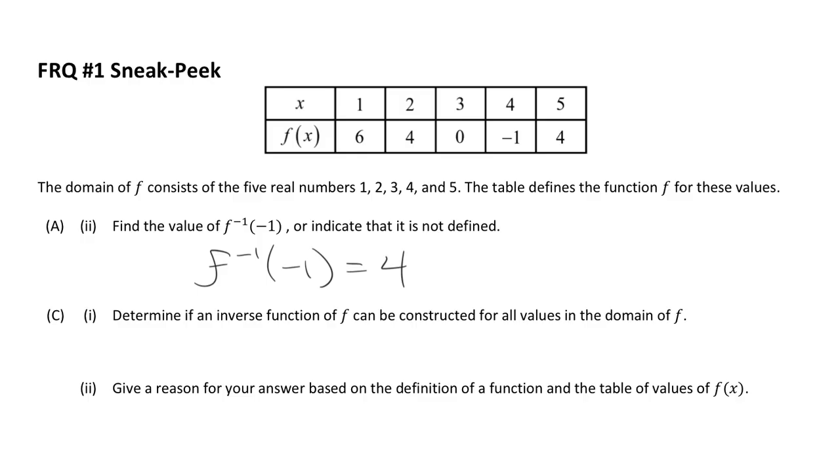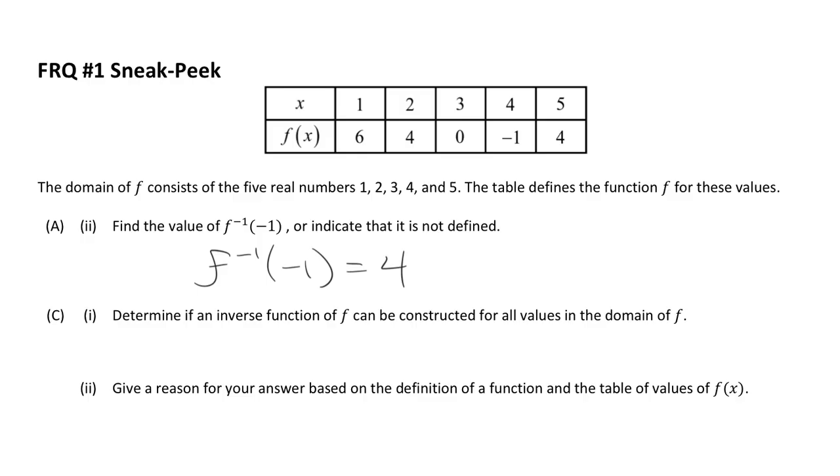Another question that might be asked on FRQ 1 will look like this. It might say, determine if an inverse function of f can be constructed for all values in the domain of f. So we're looking here. It's a yes or no question. Can you make an inverse function out of these inputs and outputs? Yes. Ooh, I hear yeses and I hear nos.